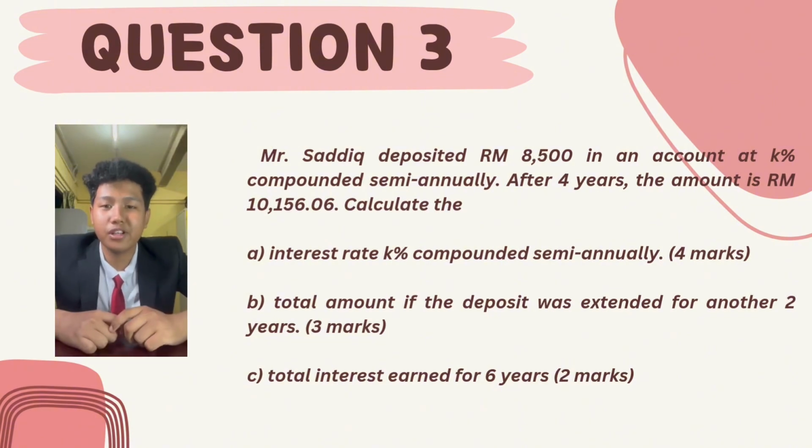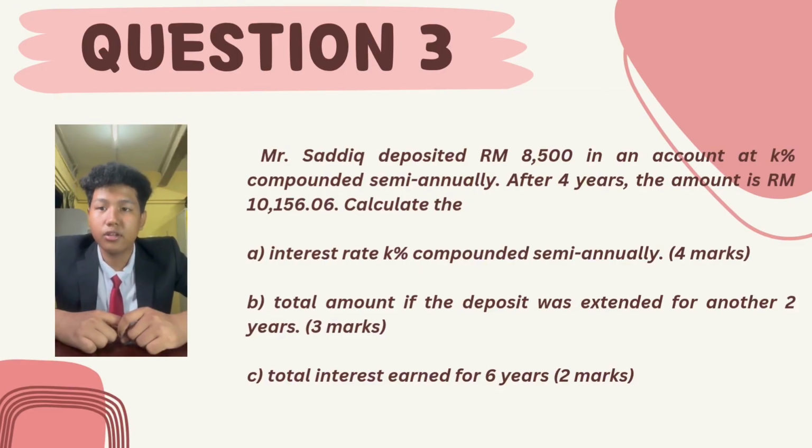So, let's move to question number 3. Mr. Sadiq deposited RM8,500 in an account at K% compounded semi-annually. After 4 years, the amount is RM10,156.06. So, A, calculate the interest rate K% compounded semi-annually.